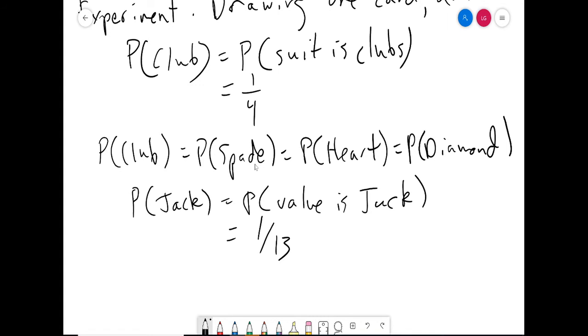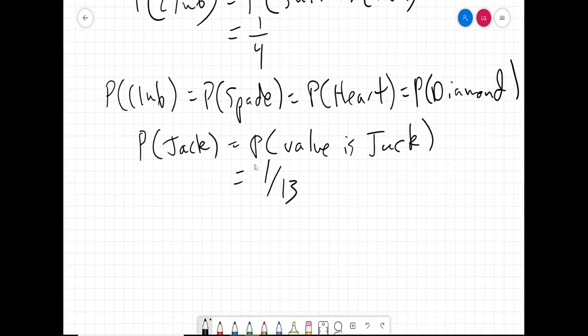I want to pause here for a second because what you might notice is that 1/4 and 1/13 can interact in a quite interesting way. And in the same sort of sensibility, the suit and the value can interact in an interesting way. And that way here is that they are independent.